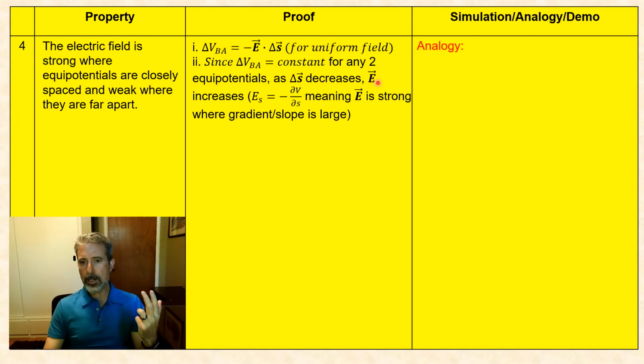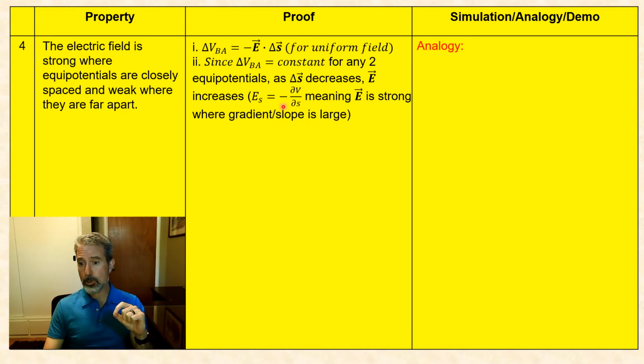Looking at this in another way, we know what we talked about earlier today. The electric field is, by definition, when we look at a single coordinate, just the opposite of the derivative of potential with respect to the coordinate.